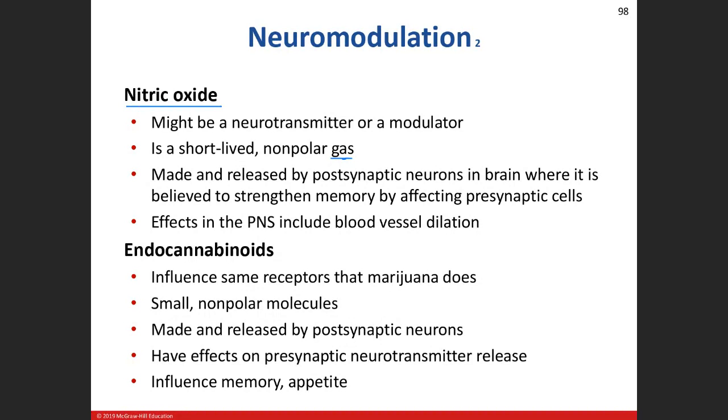Point being, in the peripheral nervous system, nitric oxide, they used to use this stuff quite a bit in weightlifting and bodybuilding. You would go into GNC or Vitamin Shop or Vitamin World, any of those places that sell supplementation, and they used to advertise the heck out of this stuff because it causes blood vessel dilation in the peripheral nervous system and increases your blood flow.